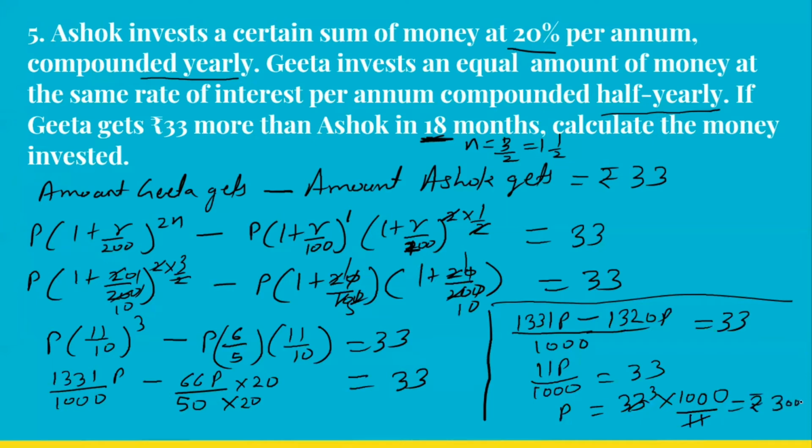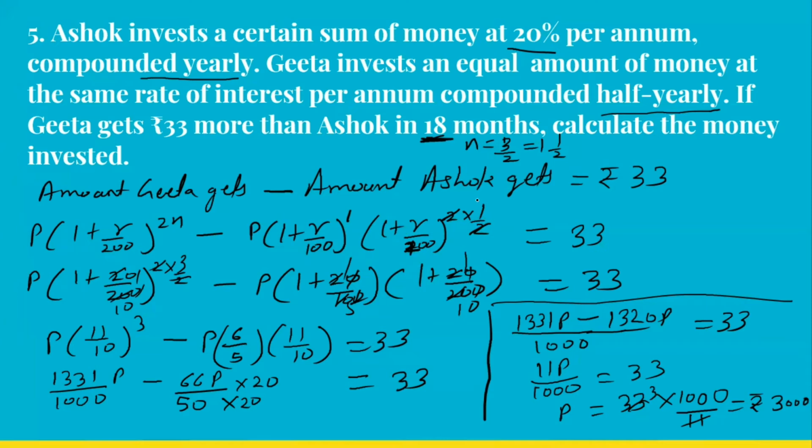Got it? Interesting, easy. So just remember the formula, children. If the fractional period is there, since it is 1.5 years, remember for annually, you have to write P bracket 1 plus R by 100 raised to 1 and into 1 plus R upon 200 raised to 1 by 2, because it is for the next half year.